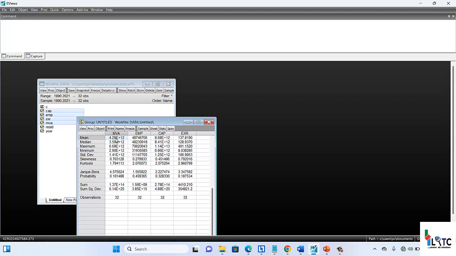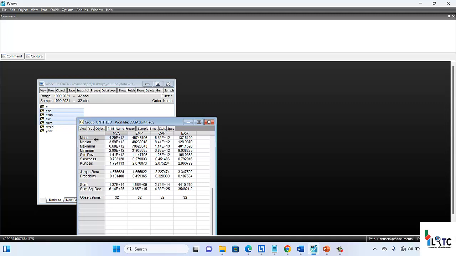How does it look like? Is there any problem of outliers? Is there a problem of non-normality? And so on and so forth. So those are the things we want to know. So when you are running descriptive statistics, make sure you use raw data.